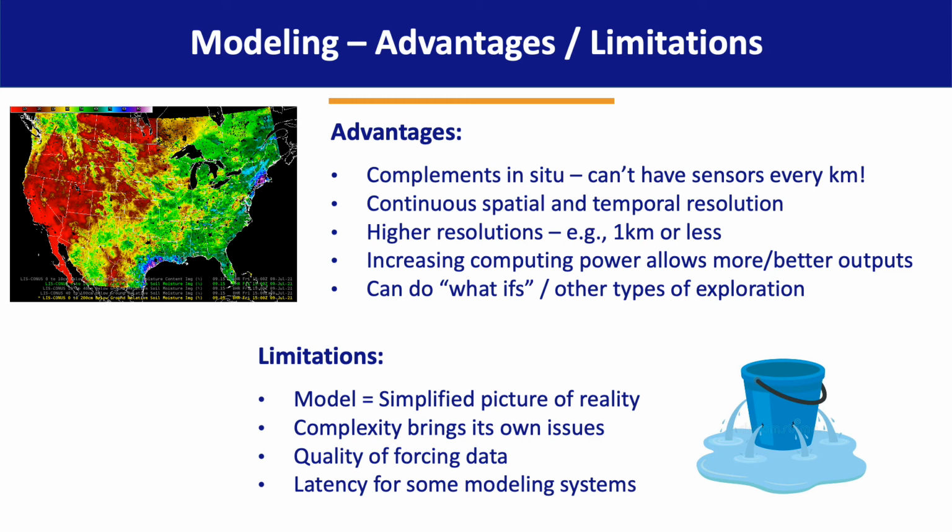There's still a question about the quality of forcing data for models. The atmosphere is very complicated, and our ability to really understand atmospheric dynamics is still limited. And then in some cases, modeling systems have latency. As the modelers are checking outputs for quality control and quality assurance, that will delay how quickly we can get model results.